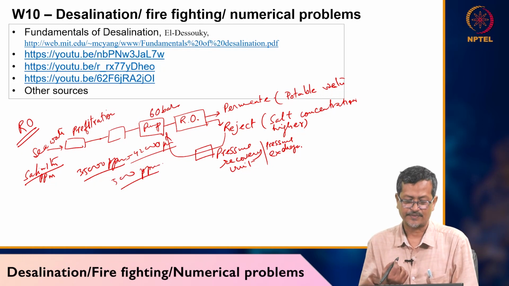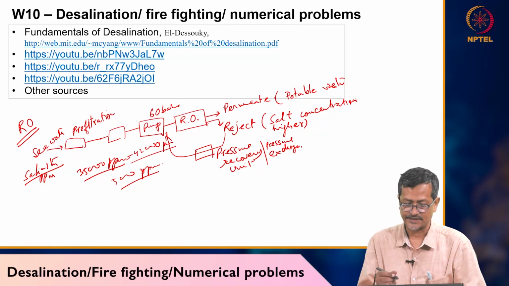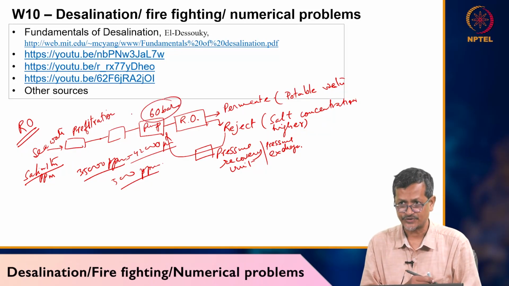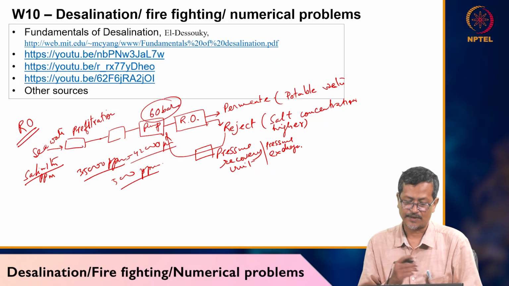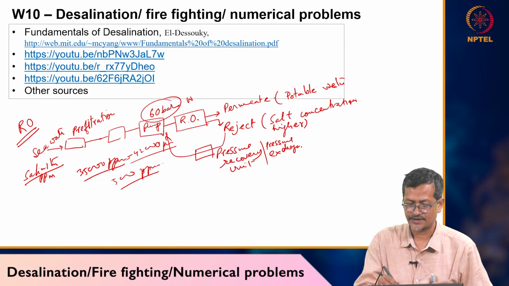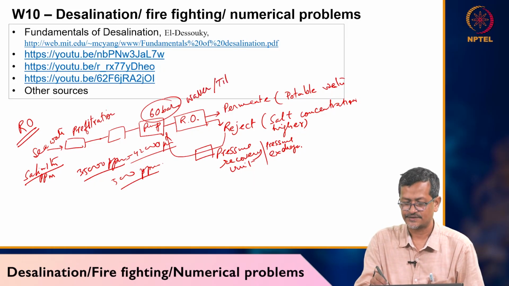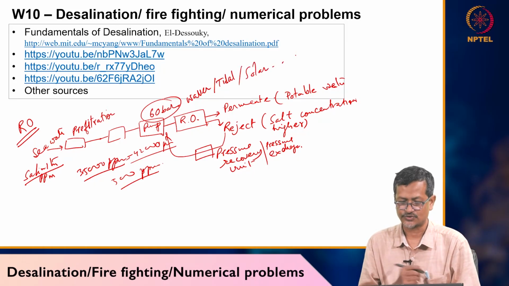Because of the high salt concentration, the system needs a very large amount of energy. The pump takes the majority of the energy. If you want to replace that, I already told you wave energy can be one alternative source, or tidal energy for marine systems, or solar, or many other sources.